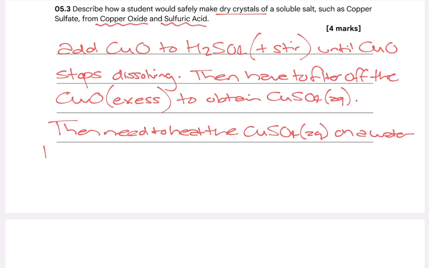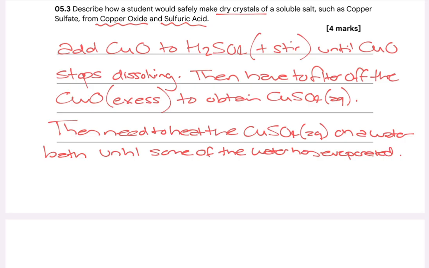That allows us to evaporate some of the water until some of the water has gone. In doing so, that concentrates the copper sulfate solution down, potentially makes it a saturated solution, depending on how much water you evaporate.